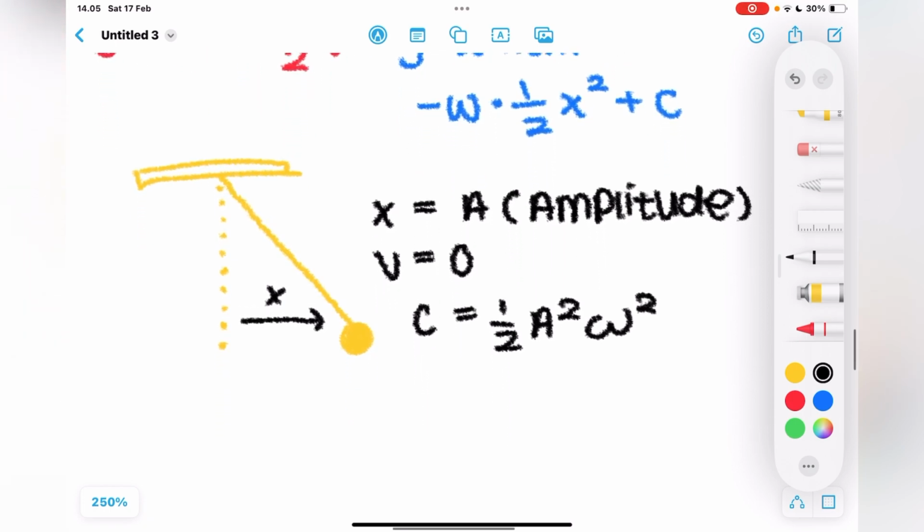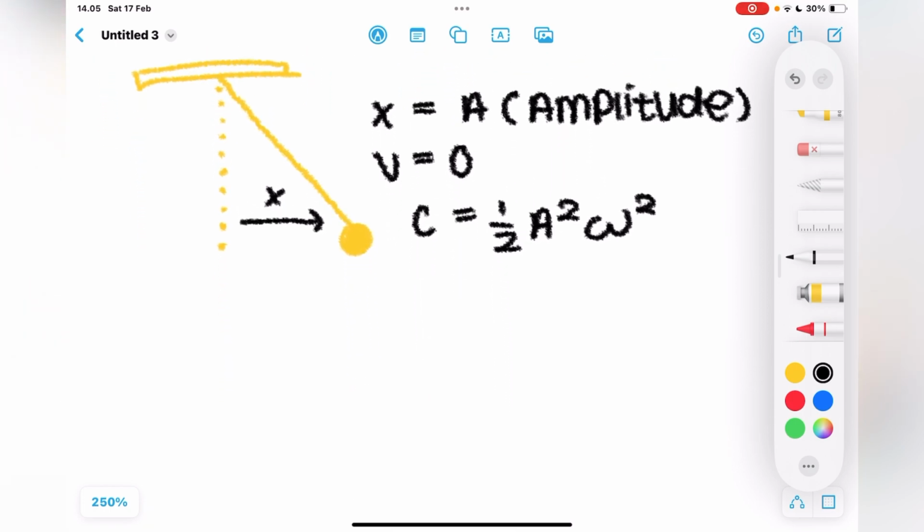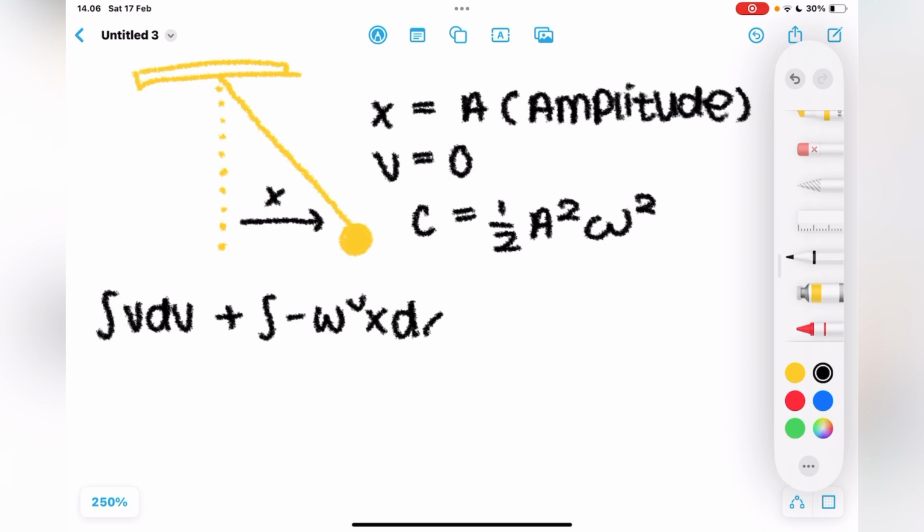So now if we put this all together, we integrate v dv plus the integral of negative omega squared x dx plus the constant, which is half a squared omega squared.